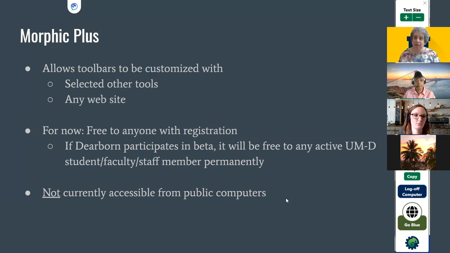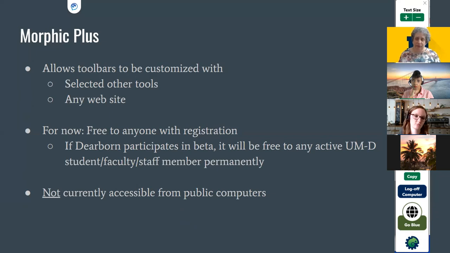For now, the Morphic Plus toolbar is available to anybody with registration, and all registration means is that you will be notified when there are new versions of the toolbar available. And they do ask you to provide input on any features you would like to see changed or any errors you run into.